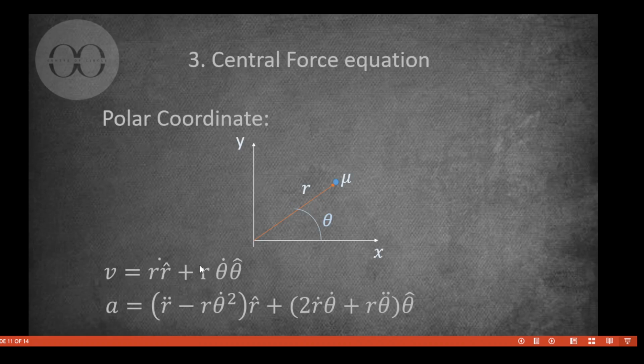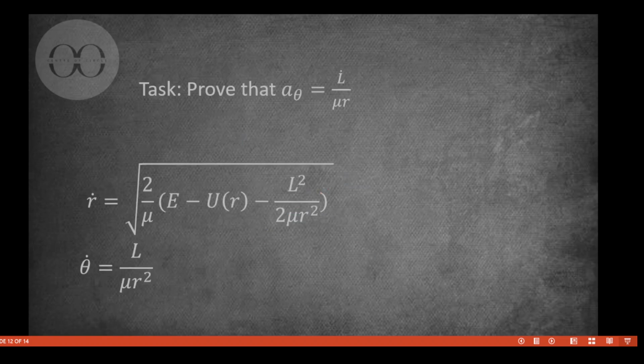this term r theta dot, as you can see, theta dot is L by mu r squared. If we square it, then we find L squared by mu squared r to the power 4, and then if we multiply this by mu r squared over 2, then we find L squared by 2 mu r squared.